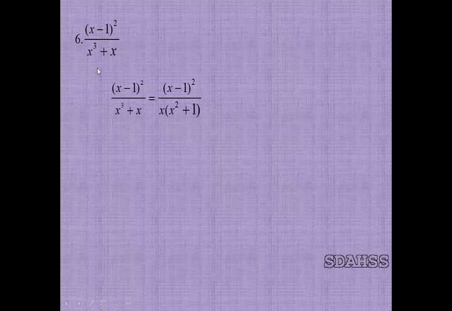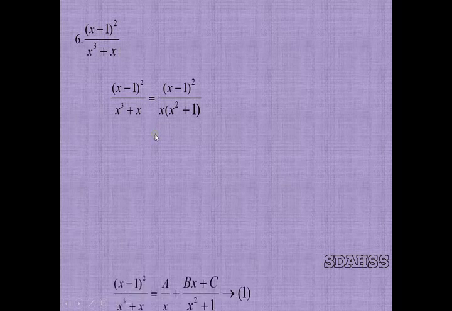Sixth sum, x minus 1 whole square divided by x cube plus x, is equal to, keep the numerator as it is, divided by, in the denominator x is common, so take it outside, so you have x into x square plus 1.